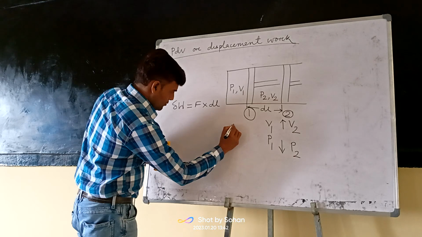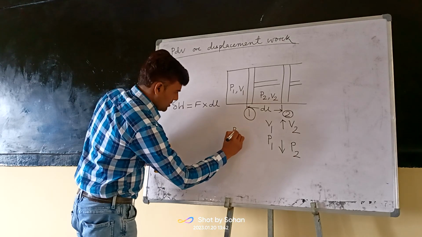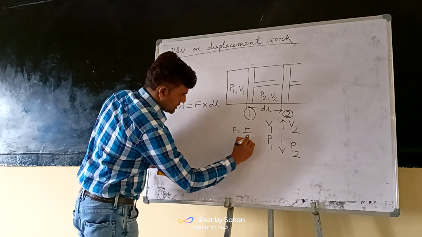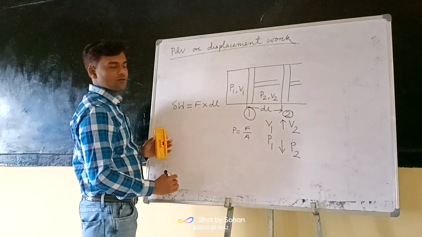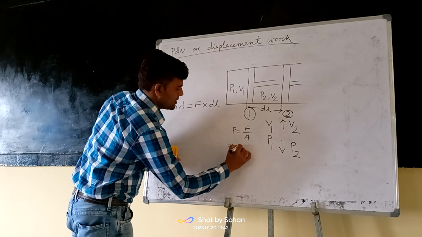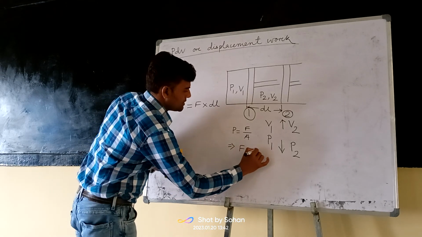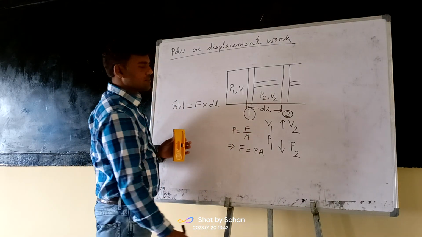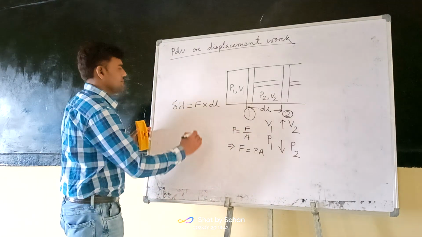Again, we know pressure equals force per unit area, P equals F by A, which implies F equals P into A, pressure into cross-sectional area A.